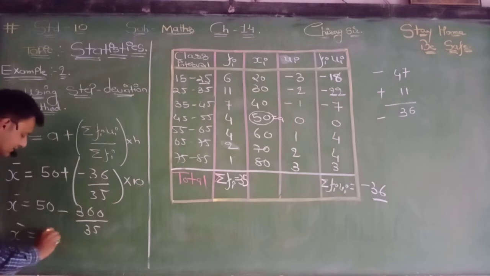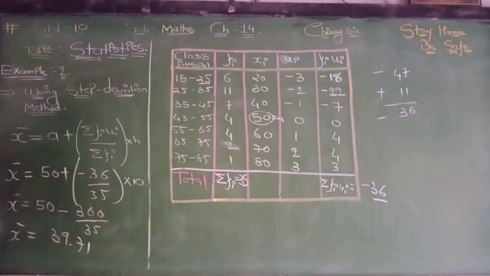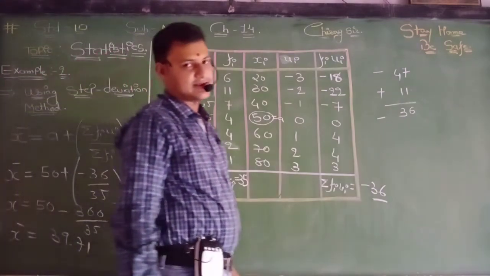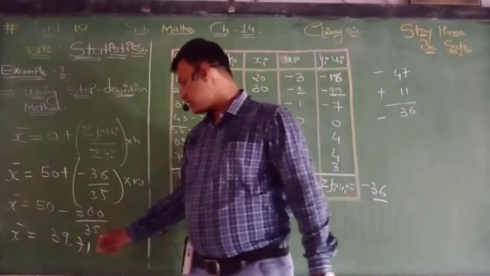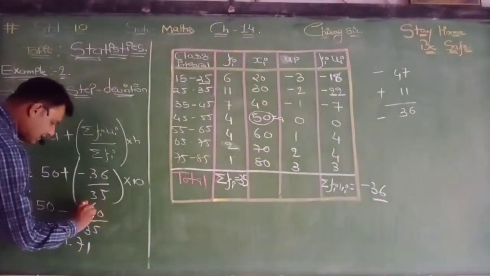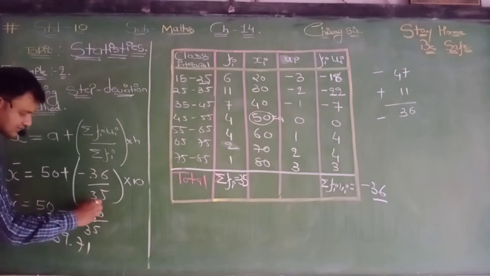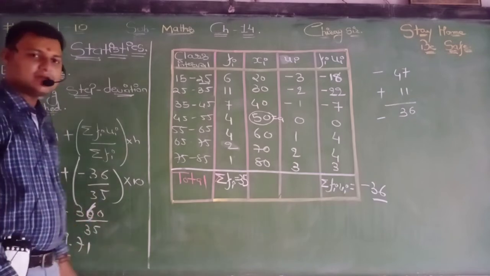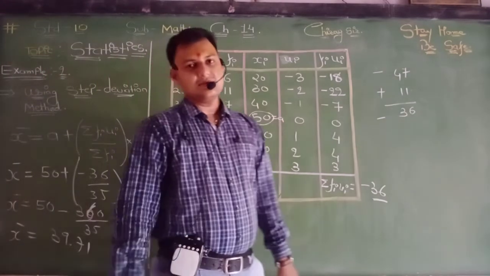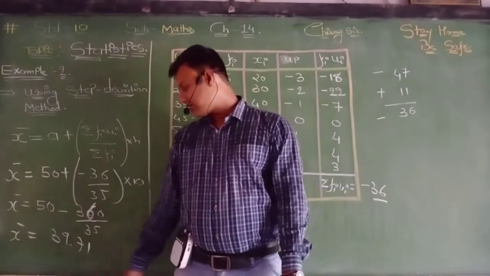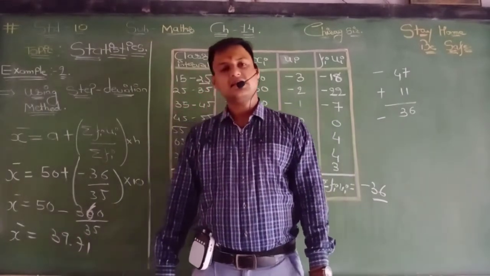You can change the sign directly here. Dear students, the answer is 39.71. You can check it: 360 divided by 35 is 10.28. 50 minus 10.28, you will get the answer 39.71.